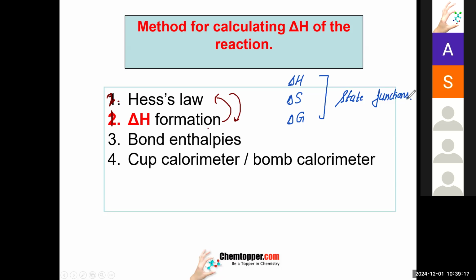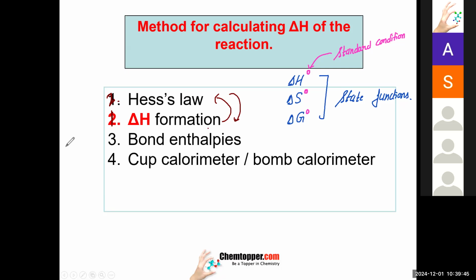Do you remember what state functions are? And do you remember the meaning of this naught? Anyone? Naught means standard conditions. Some children get confused between standard conditions and STP conditions.